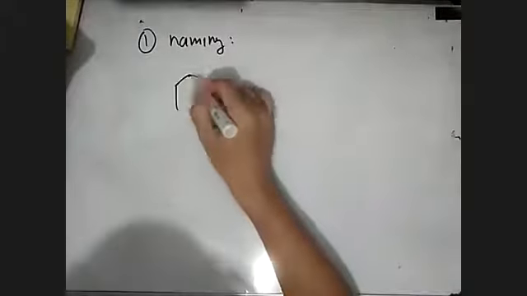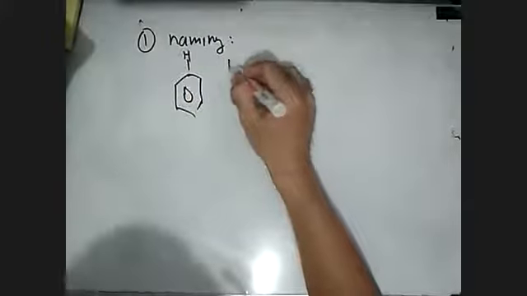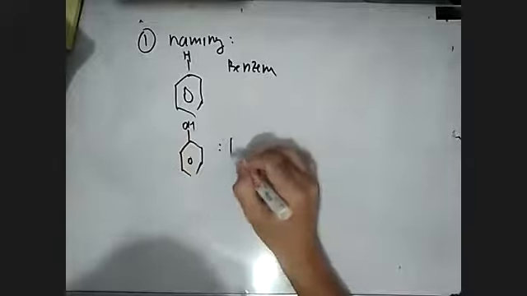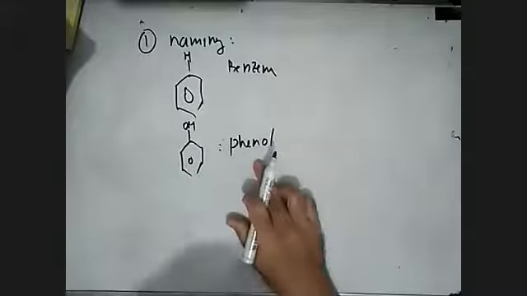The most important ones here: if this is hydrogen, we call it benzene. If this is hydroxide, we call it phenol.